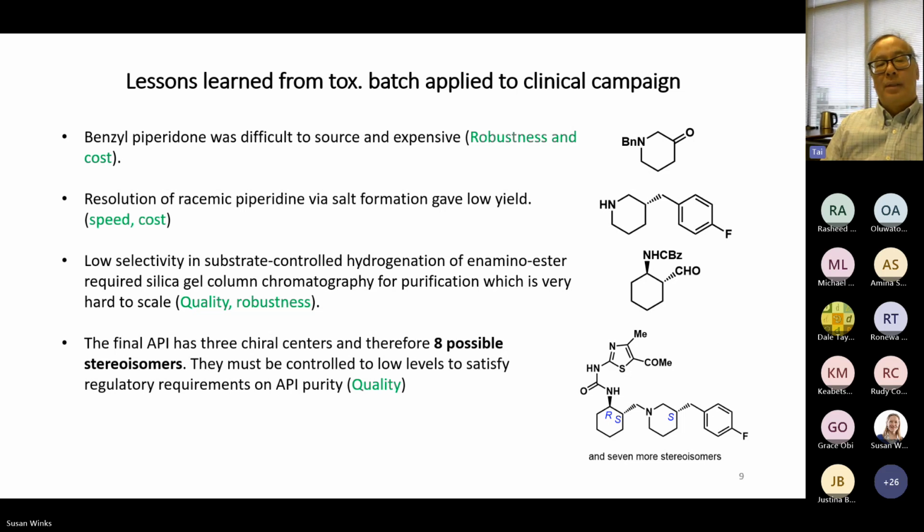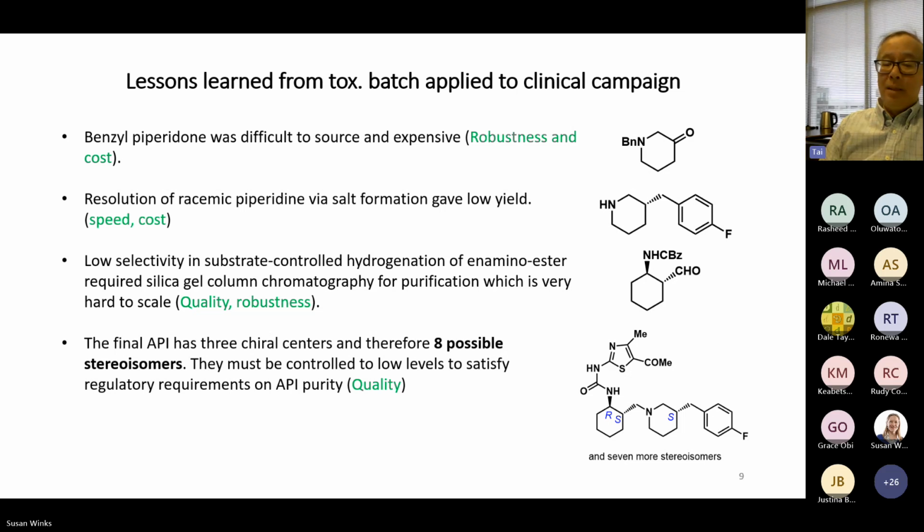The resolution of the racemic piperidine is again tedious and results in low yield because you really cannot get any yield higher than 50%. The modest selectivity in the substrate-controlled reduction of the enamino ester actually requires pretty tedious silica gel column chromatography to get the amino aldehyde up to purity.